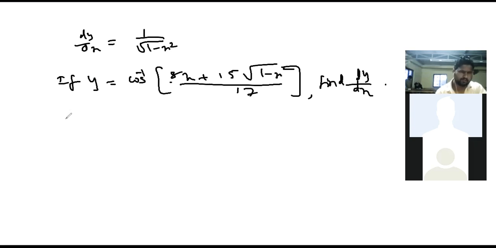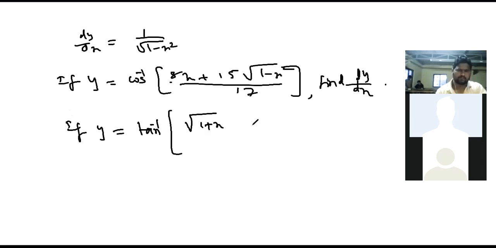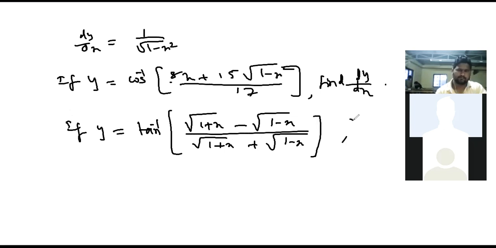Try at home. Another homework: if y is equal to tan inverse of [(root of 1 plus x minus root of 1 minus x) divided by (root of 1 plus x plus root of 1 minus x)], find dy by dx.